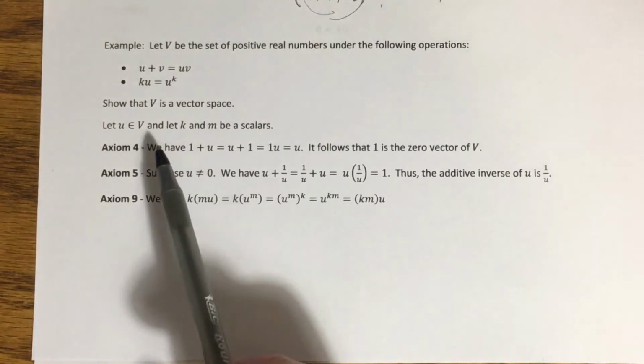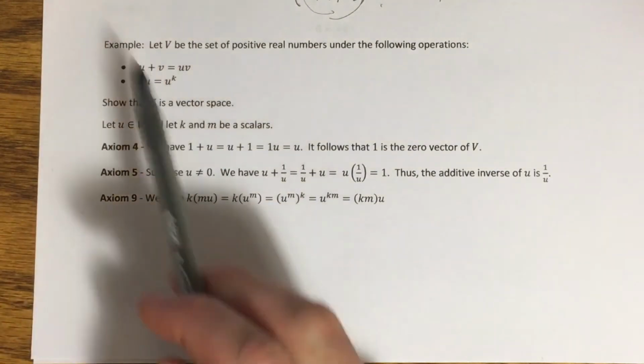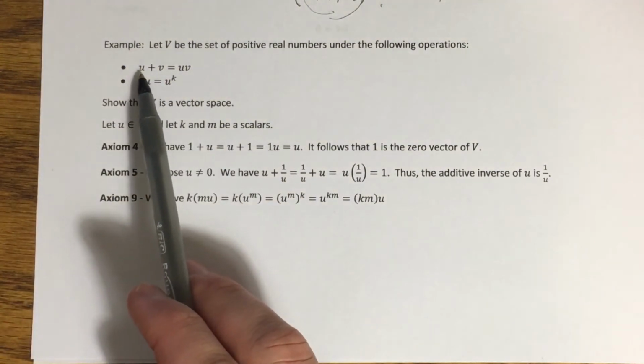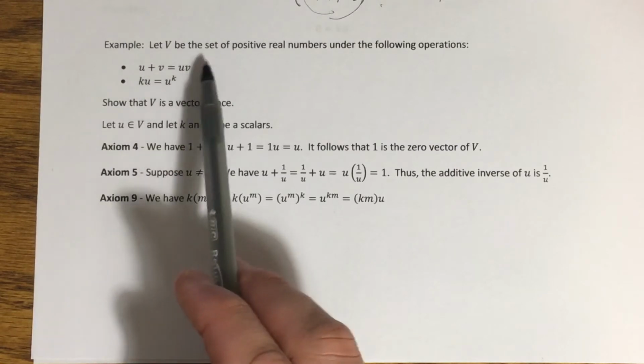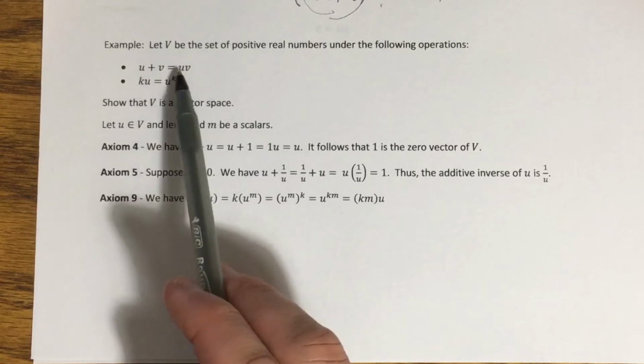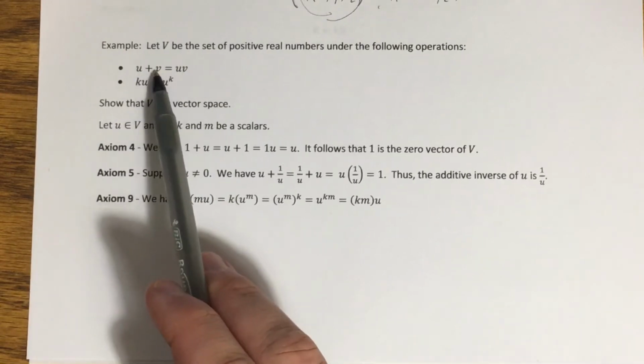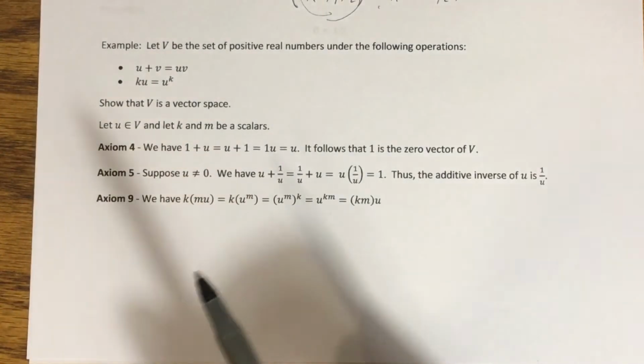First of all, Axiom 4 says that we need to find a zero vector. And notice, under this definition, if I do 0 plus v, I don't get v, unless v is also 0, because 0 plus v actually means 0 times v, which will be the real number 0. It doesn't leave me with v for all values of v.